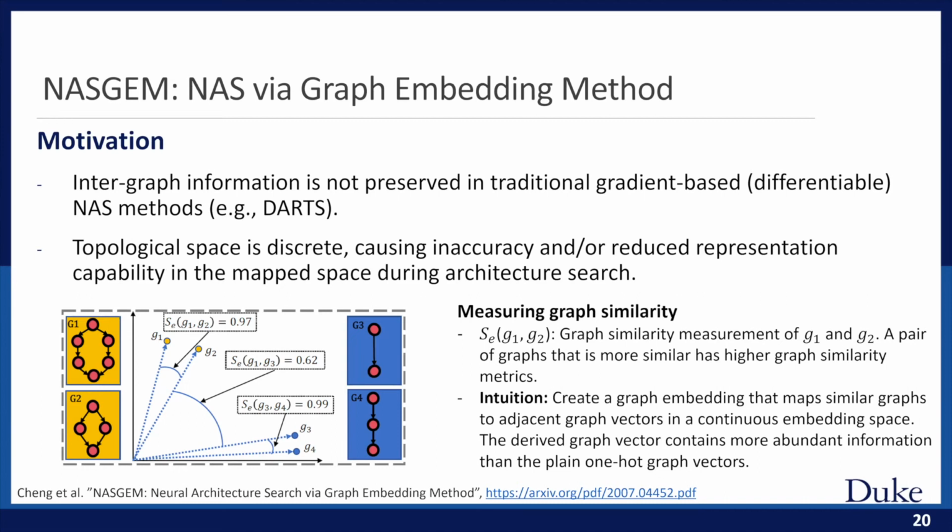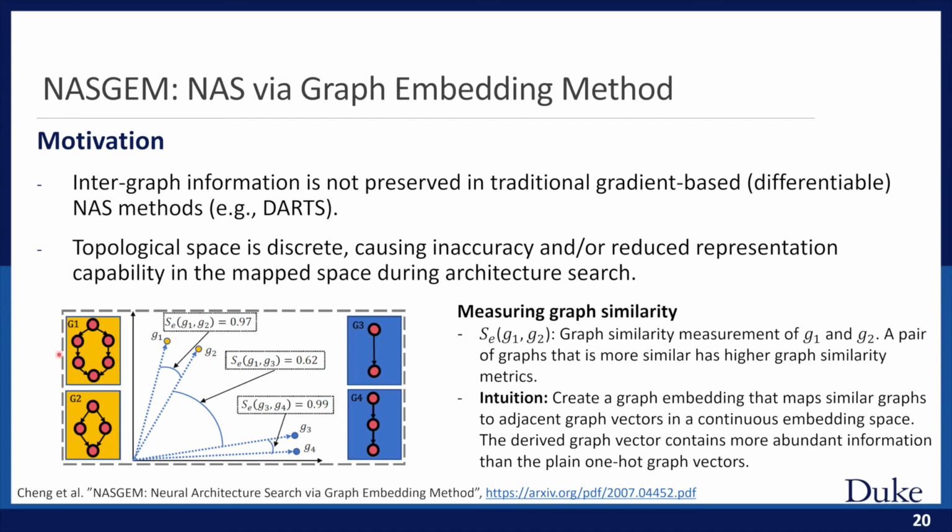That means adjacency matrices do not present inter-graph information when used as features. So gradient-based methodologies usually have to map architectures to their predicted performance within a discrete topological space. As you can see, this causes inaccuracy and reduced representation capabilities, and so on and so forth. So with our NAS-GEM methodology, we intend to address this issue.